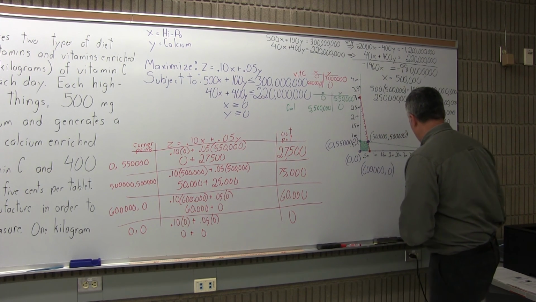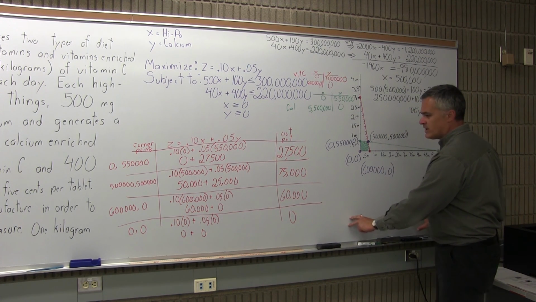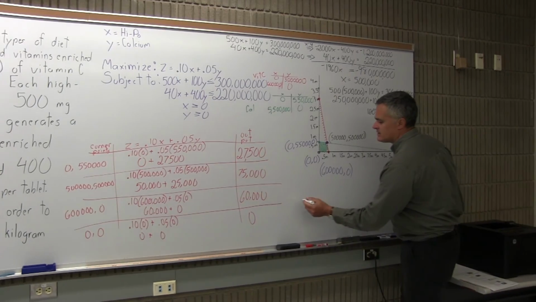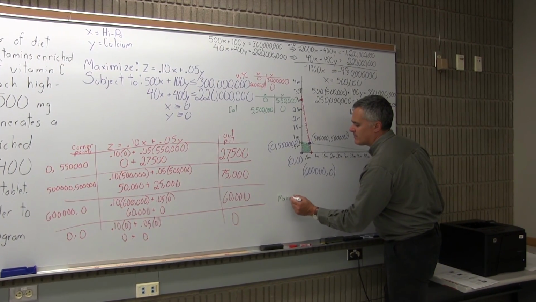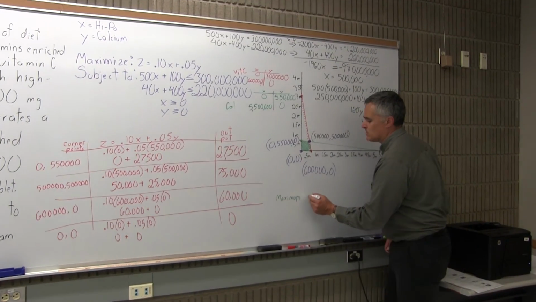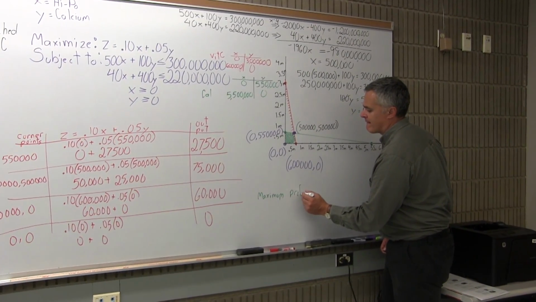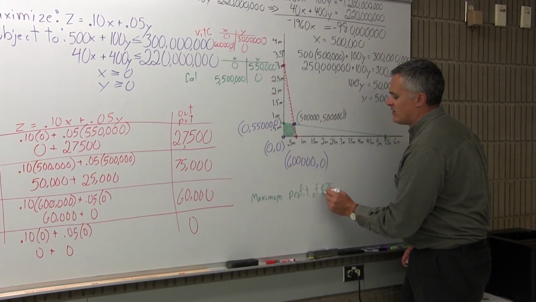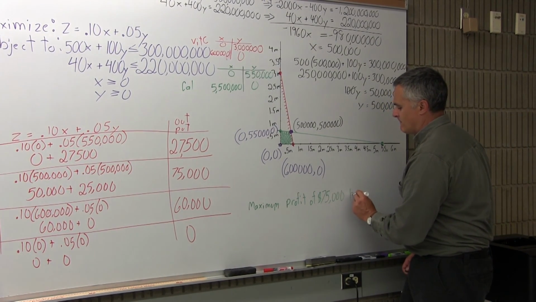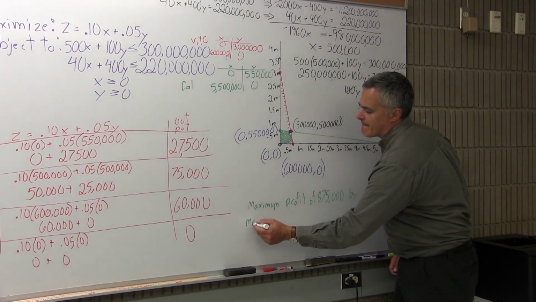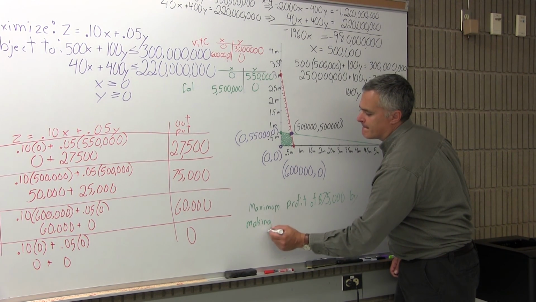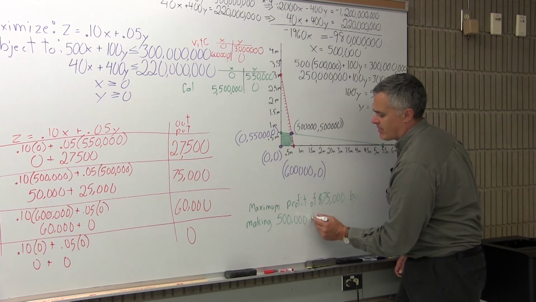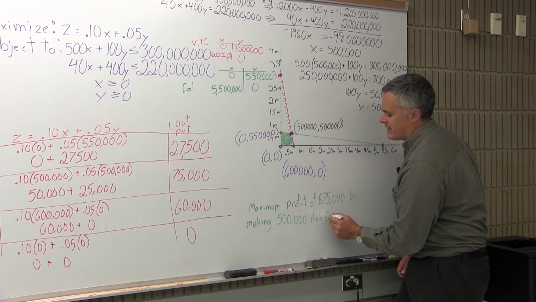So let me write, I can fit it right underneath here, and green is probably a good color. So maximum profit of $75,000 by making 500,000 high potency tablets.